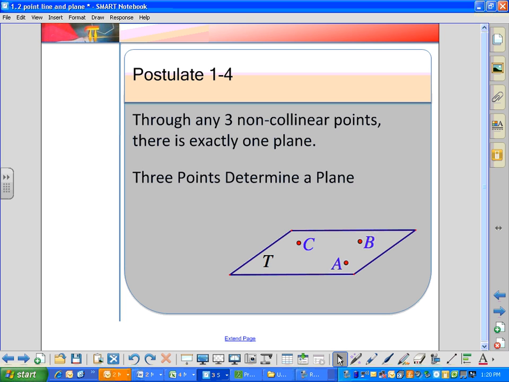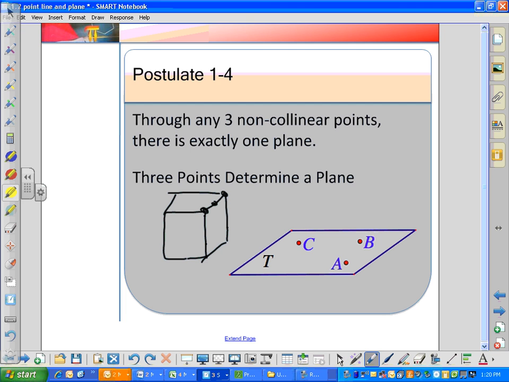Think about that box again. Here's 3 collinear points, and those 3 collinear points are part of the top of the box and the side of the box. So there's lots of planes that go through collinear points. But if you have non-collinear points, there's only 1 plane that could go through them at one time.